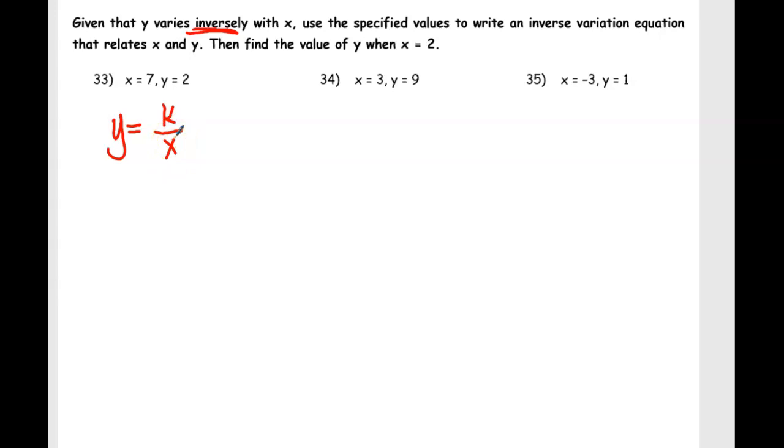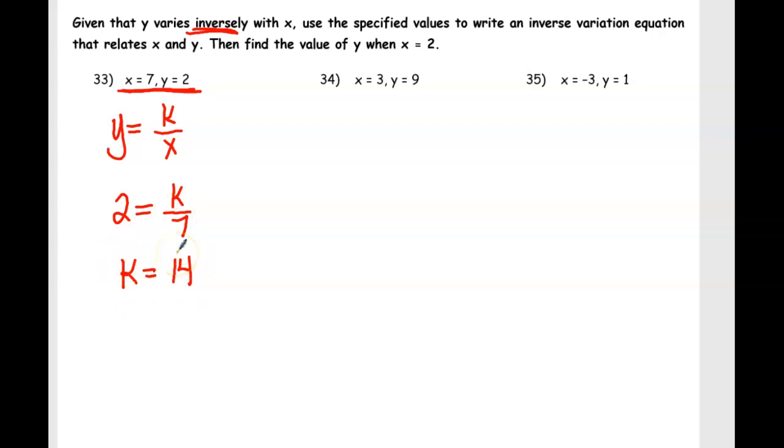We know it varies inversely, so we're going to use these two values that we have, 7 and 2, and plug in. The x is 7, the y is 2. So 2 is equal to k divided by 7. When we do that, we can solve for k just by multiplying both sides by 7, and we get k is equal to 14.